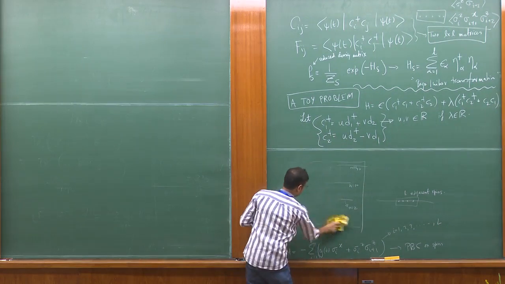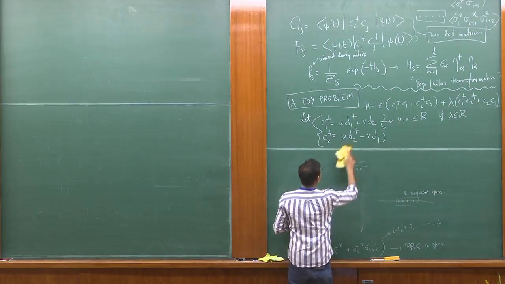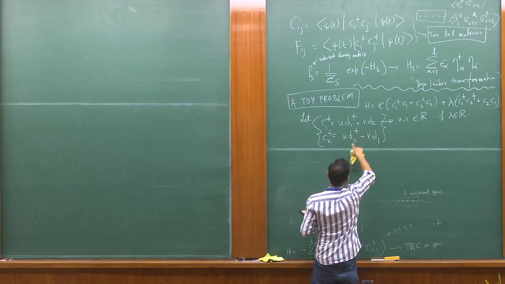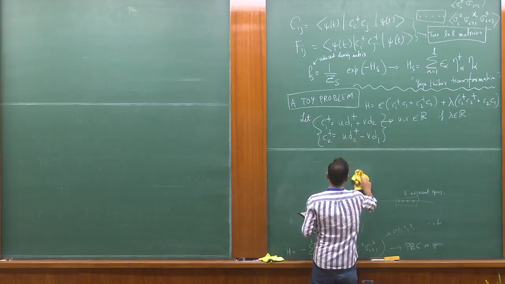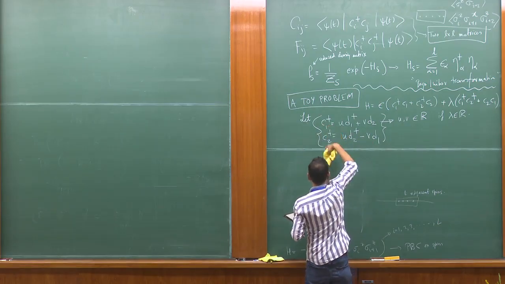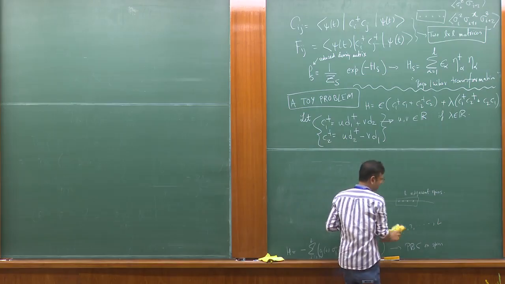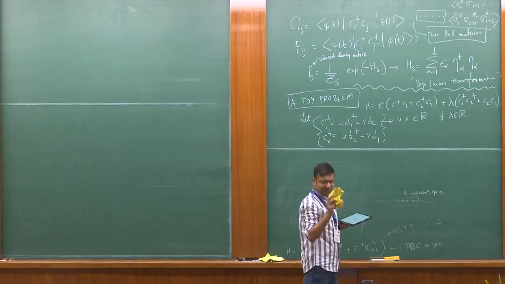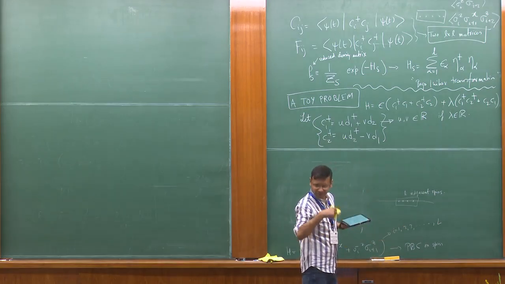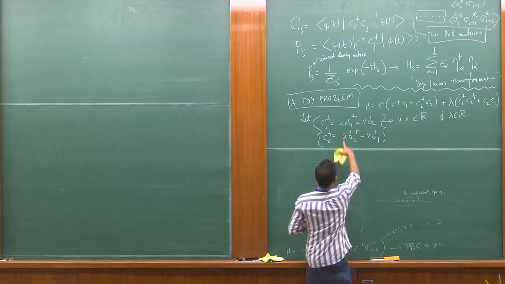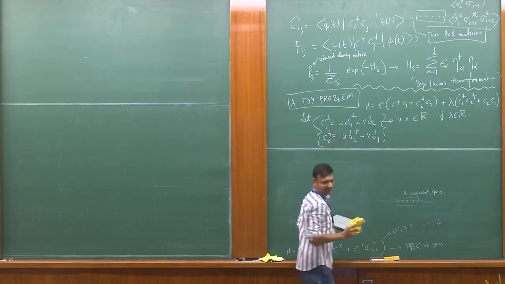and assume that on the right hand side I have the usual fermion anti-commutation algebra, then two of the fermion anti-commutation relations for these guys are automatically satisfied, and one is not automatically satisfied, and you have to put a condition on it, and that gives you a certain condition on U's and V's. That's it.